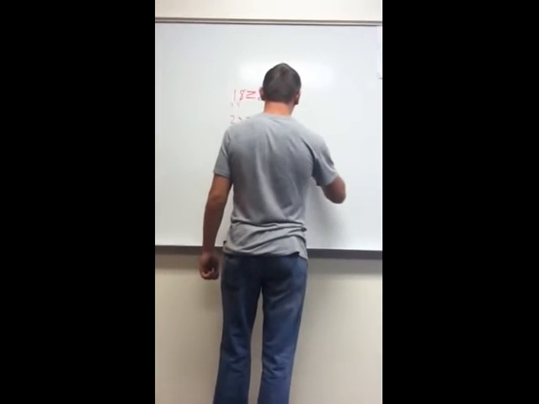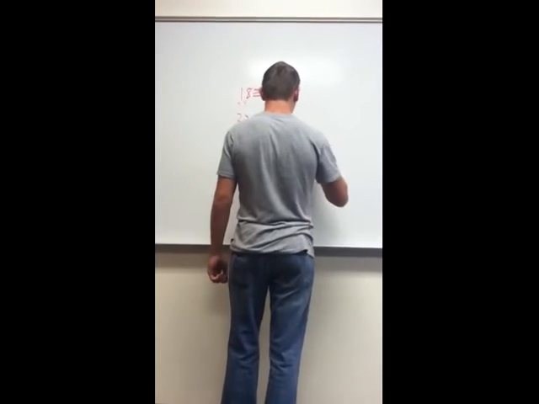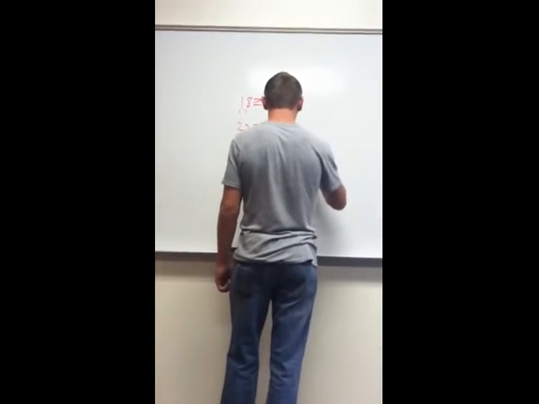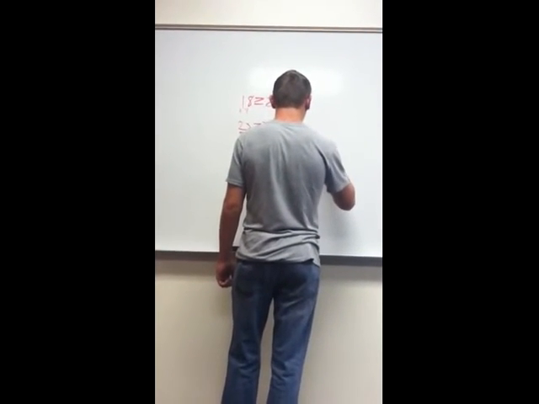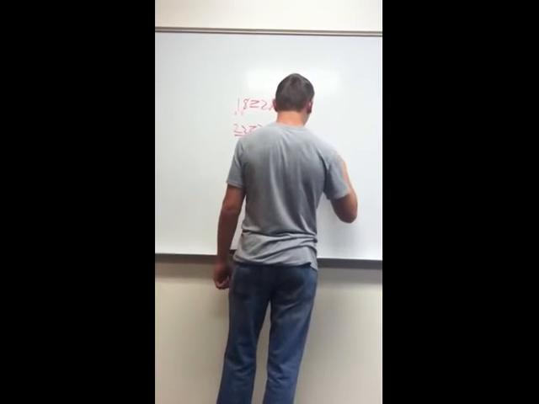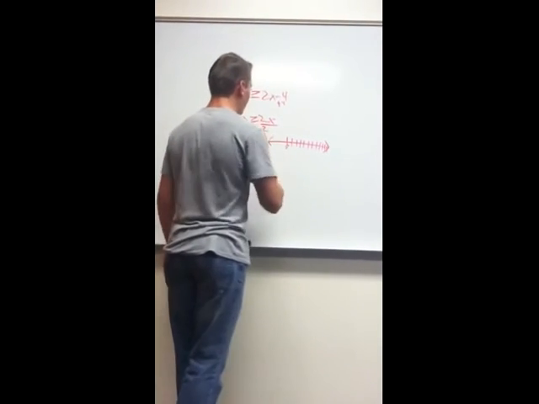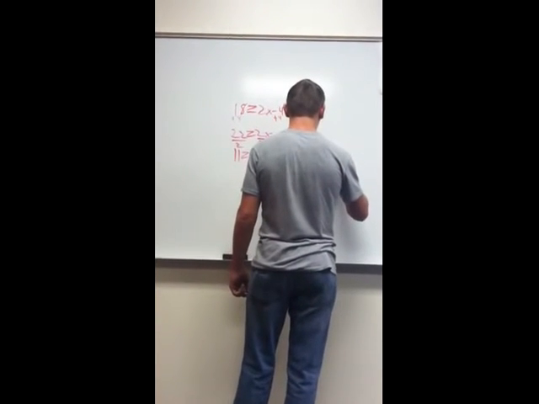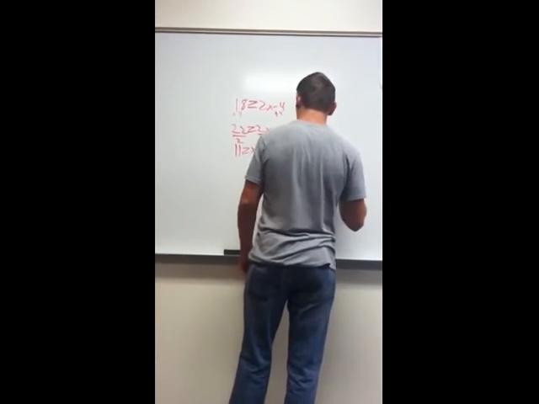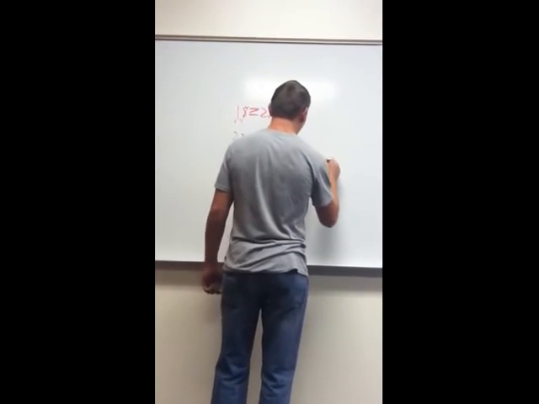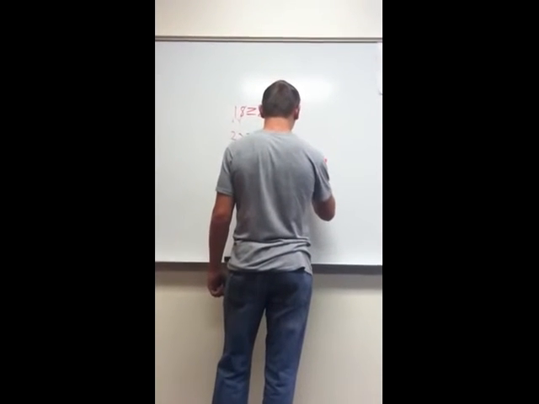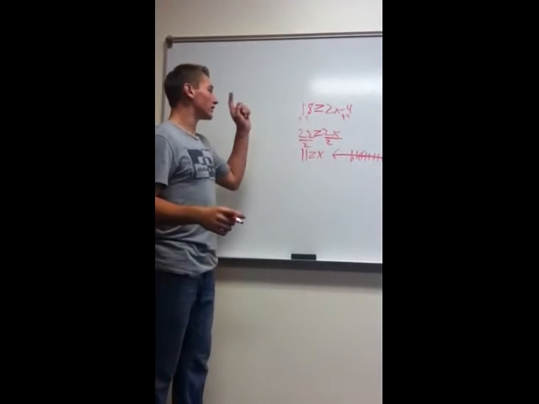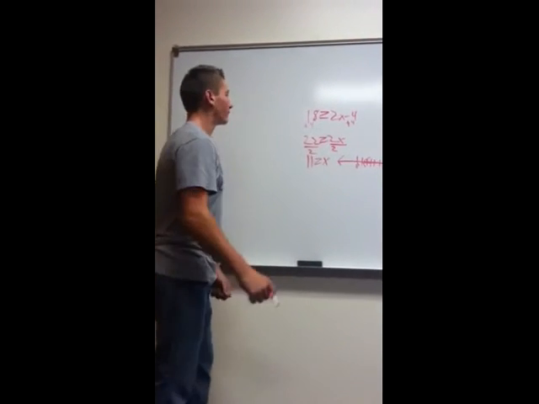So now you can draw your line. Then you put your 0. Since it can also be equal to, it's going to be a filled-in circle. And since x is less than 11, your line is going to go to the left. So that is how you do a problem that has more numbers on the side with the x.